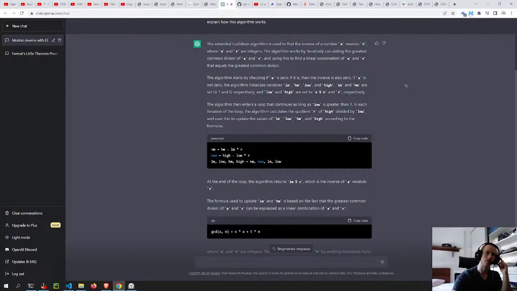If it is, then the inverse is also 0. And the quotient is how many full parts one number has inside of the other. And the remainder is how many it has left, let's say.